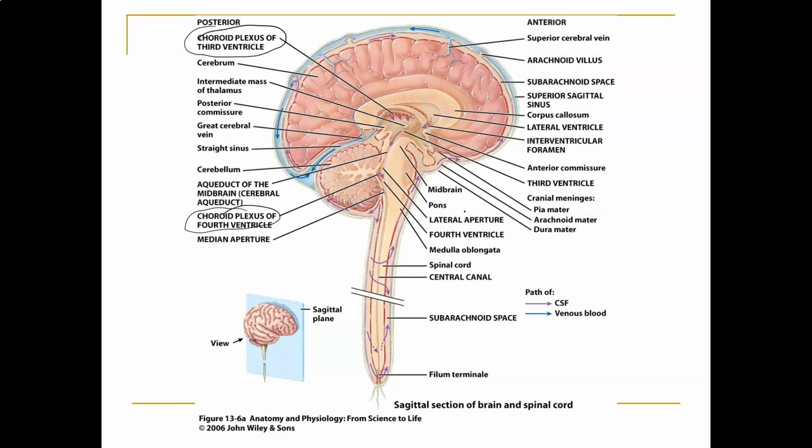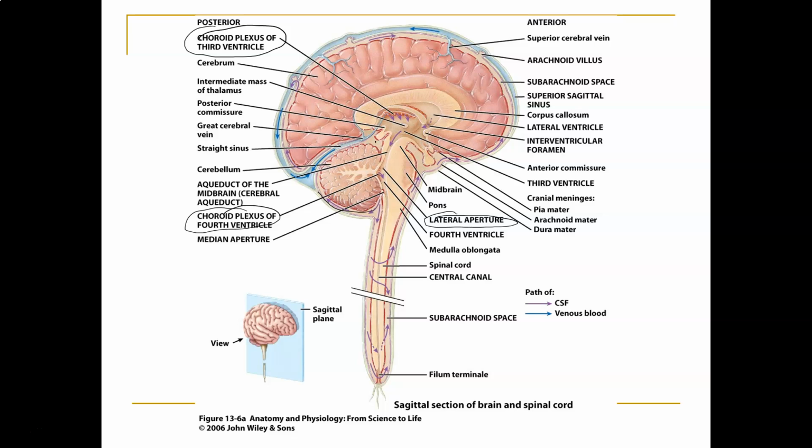So there's some apertures. See, this lateral aperture is one place where that can happen, where it can enter the subarachnoid space. And remember, that's outside the brain and the spinal cord, between the arachnoid and the pia mater, rather.